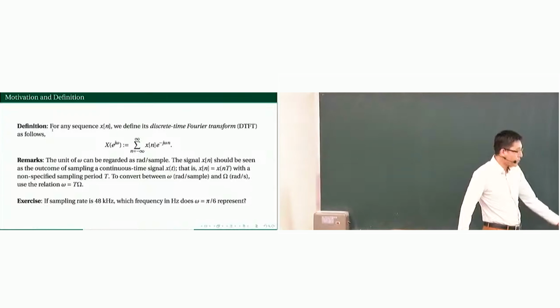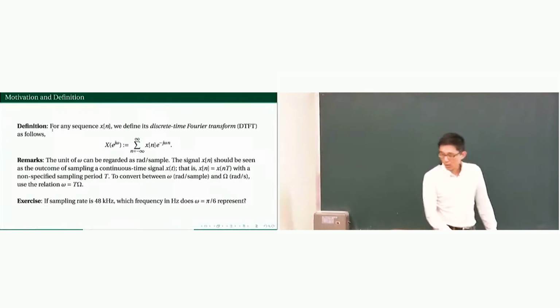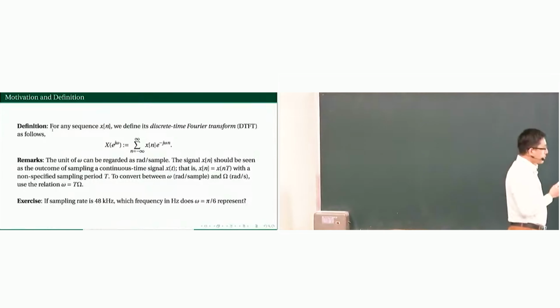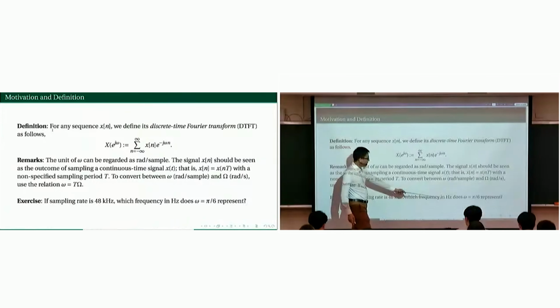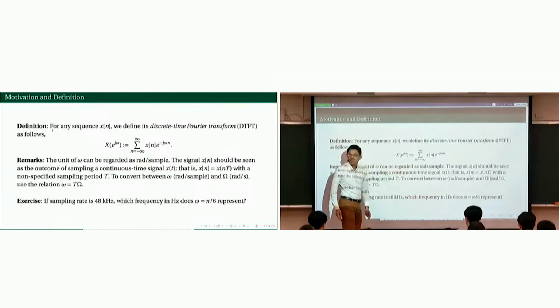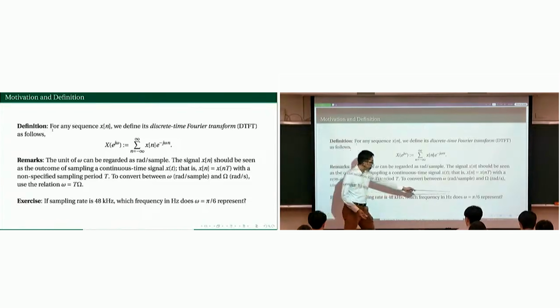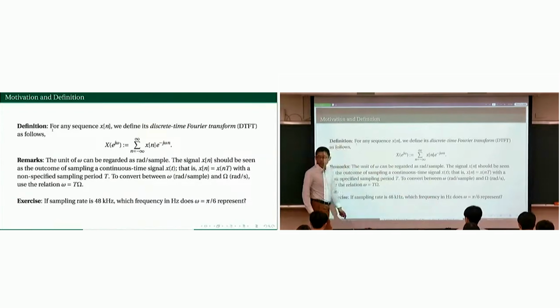And the way I remember it, do you remember how I remember it? Whenever I see small omega, I think of pi as the Nyquist rate, because pi is 1/2 of 2 pi, and 2 pi corresponds to the sampling rate. So pi corresponds to the Nyquist rate, which is half of that, equals 24 kilohertz.